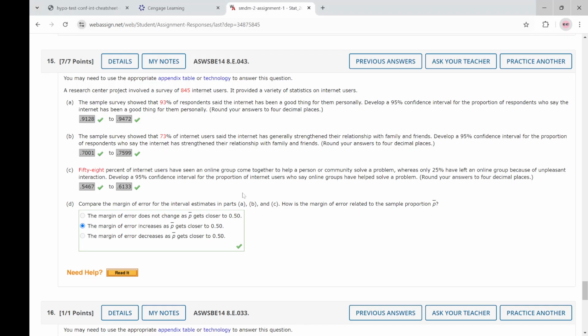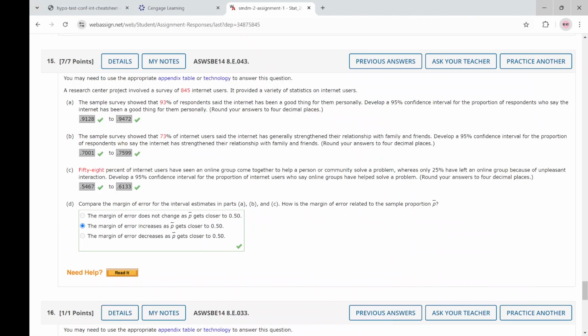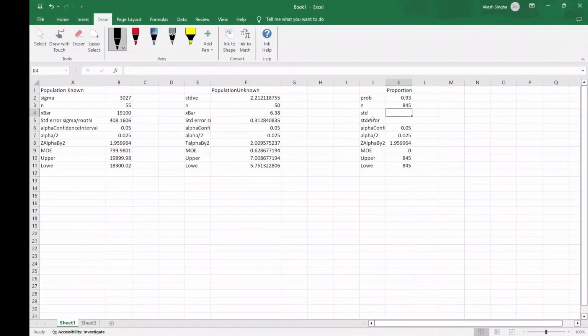So for the problem, this research center has surveyed 845. The sample survey showed 93% of respondents said the internet has been a good thing for them personally. So the probability is 0.93 and number is 845. Standard, okay, STD we don't have here, right? Standard error we have.